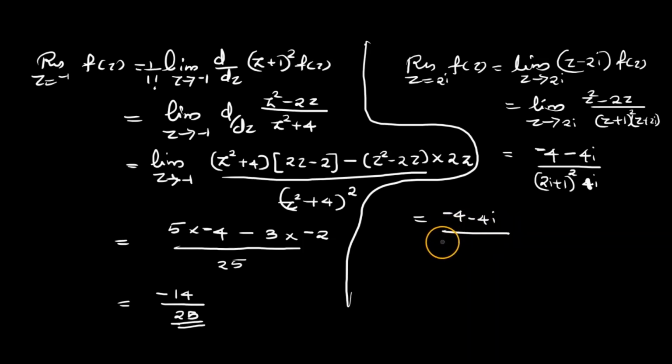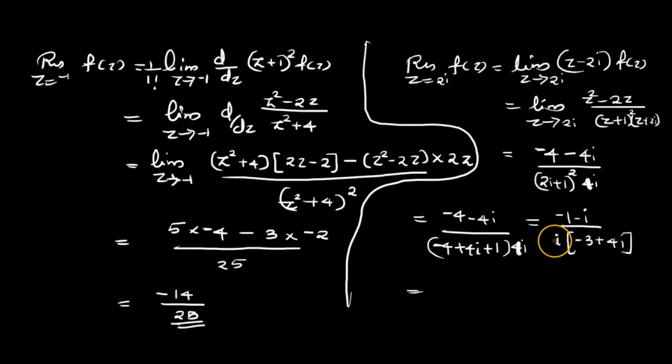We can use (a plus b) whole square. This is a square, (2i) square is minus 4, plus 2ab, which is 4i, plus 1 square. So we can cancel this 4 with the numerator. It's minus 1 minus i divided by i into (minus 4 plus 1, that is minus 3 plus 4i).